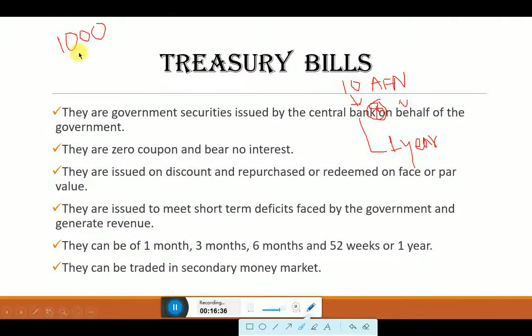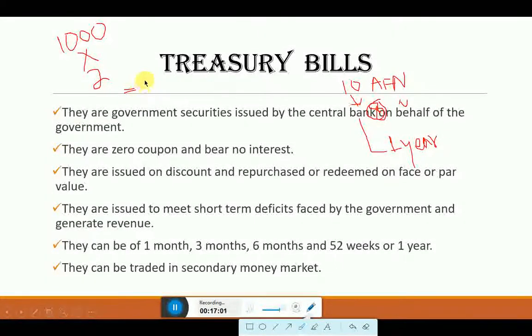That's why T-bills give you a very low return as well, because it's a risk-free investment. So if someone purchases 1,000 T-bills and after 1 year earns 2 Afghani on each T-bill, what will be the return for him after 1 year?